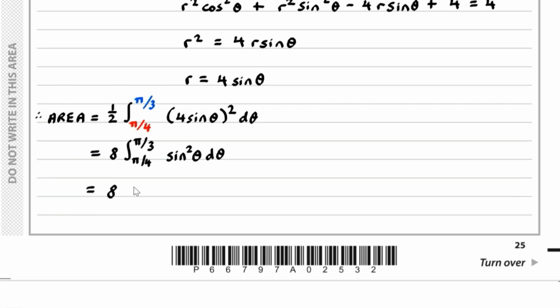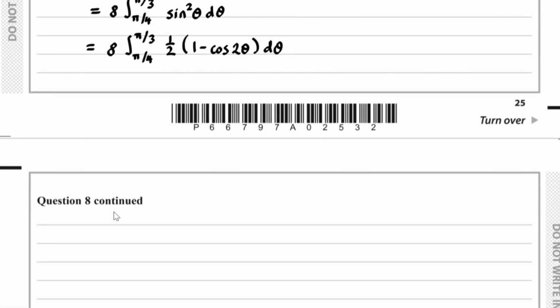So we have 8 lots of the integral from pi over 4 to pi over 3 of 1/2 lots of 1 minus cos 2 theta d theta. So 1/2 times by 8 is 4. So we've got 4 lots of the integral from pi over 4 to pi over 3 of 1 minus cos 2 theta d theta.